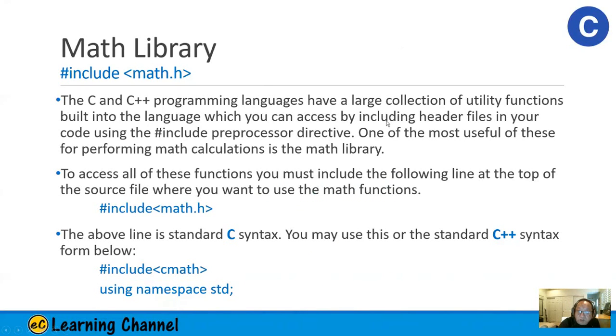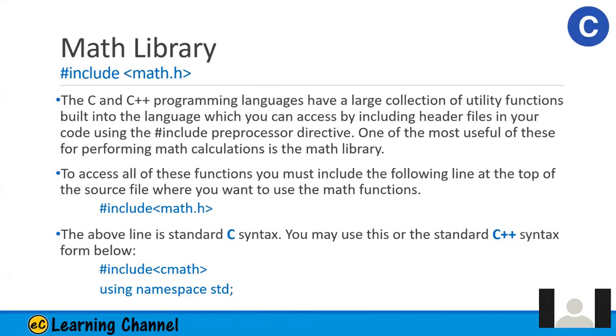Those includes are handled by the preprocessor, not the compiler. Before you actually compile the code, it replaces those lines with the code from the library. Is that okay so far, Eric?